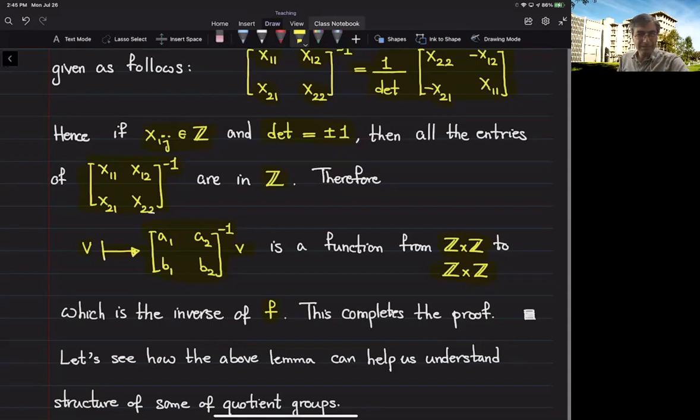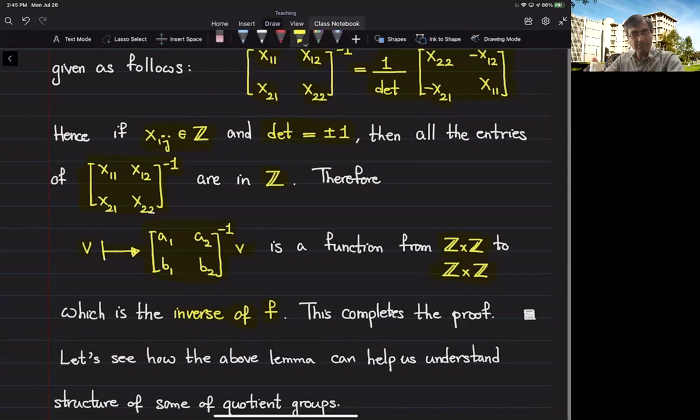We end up getting the vector v, and that means the composite of these two functions is the identity function, and therefore it's the inverse of f. That shows that f is invertible. f is a group homomorphism, and it is invertible, therefore it is an isomorphism. It sends Z cross Z to itself, and so it is an automorphism.